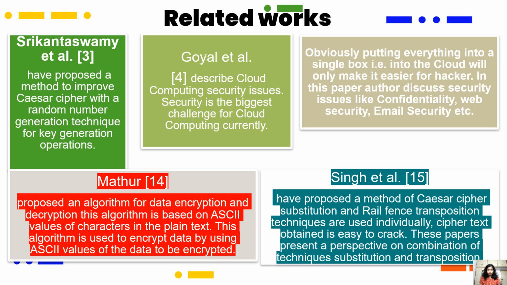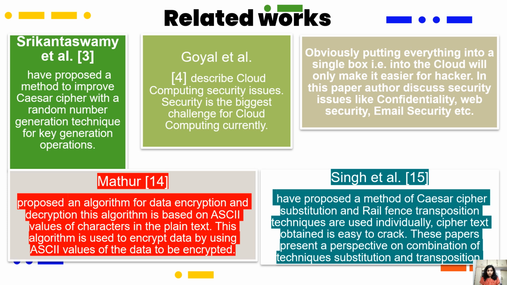So the related works: a few authors or content writers have contributed to this paper's content. The person called Srikanta Swami has proposed a method to include the Kaiser cipher with a random number generation technique for the key generation operations.